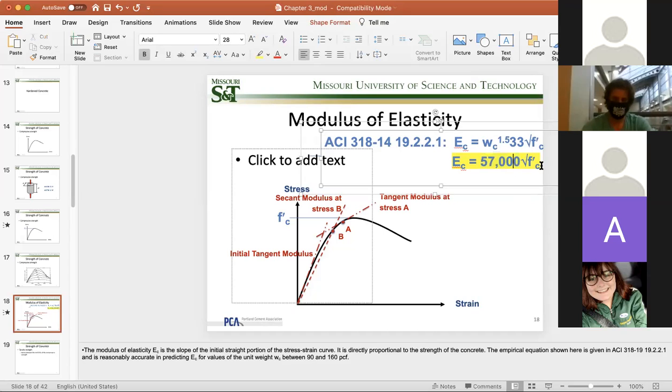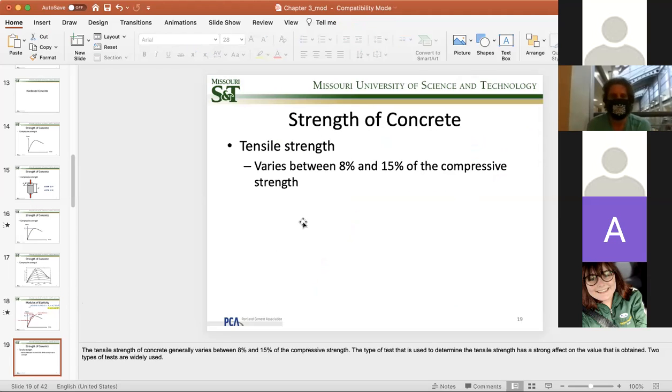When you use this, make sure you use the right unit. Once everything is said and done, check that your modulus of elasticity has a unit of psi, megapascal, or pascal. So always follow the unit of pressure. All right, good, that concludes the compressive strength of the concrete.